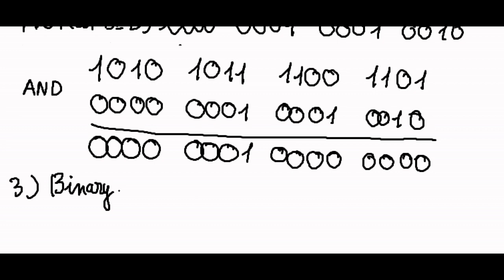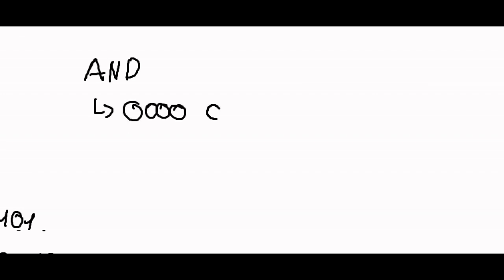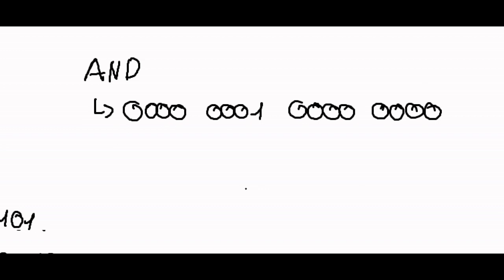It's binary back to hex. Now from the AND operation, we got our new binary string, which is 0 0 0 0 0 0 0 1 0 0 0 0 and 0 0 0 0.